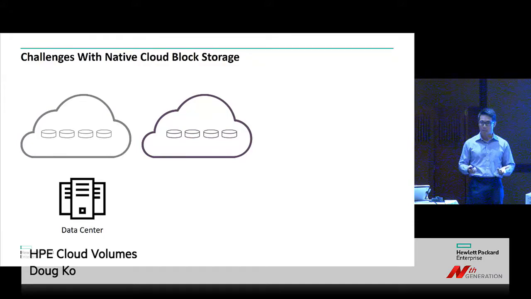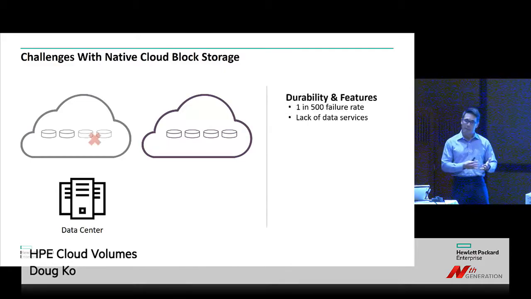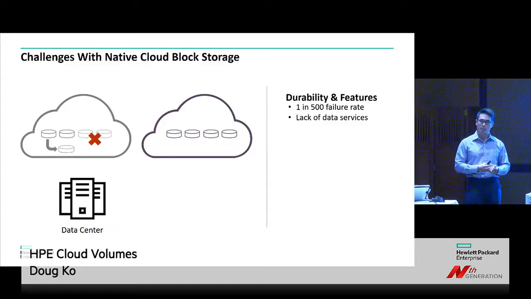These are all block storage services that you can get in the cloud today, and they have some significant challenges. The first area is the durability and capabilities of this cloud block storage. Amazon EBS, for example, has a published failure rate of 0.2% or 1 in 500.